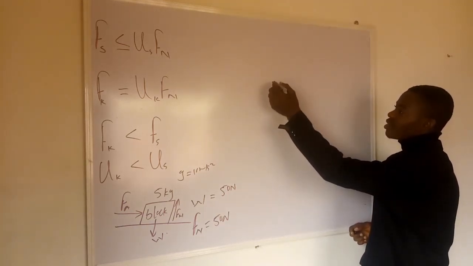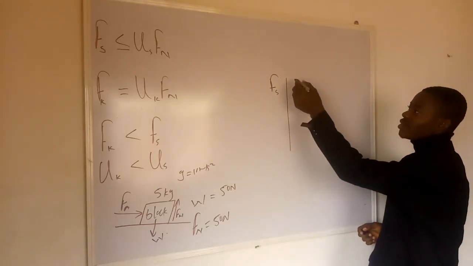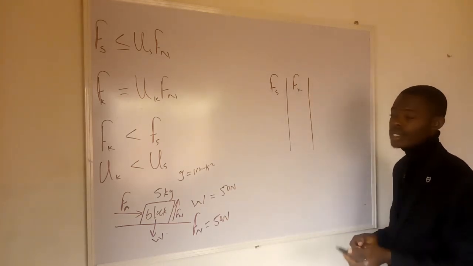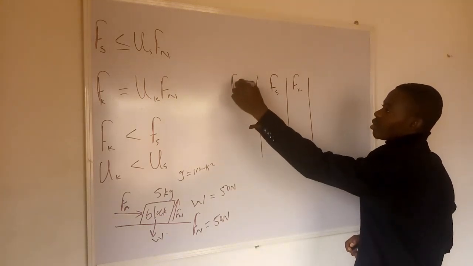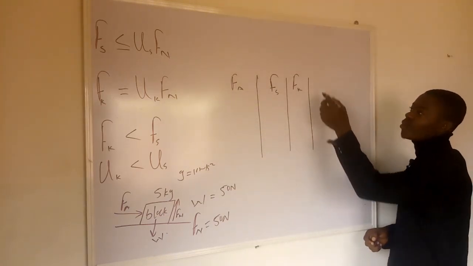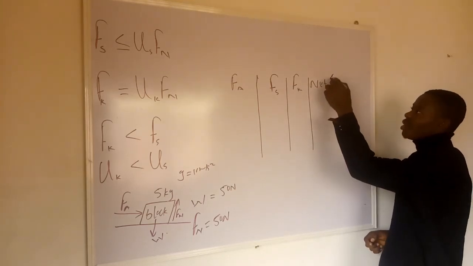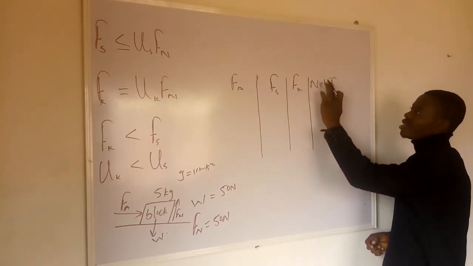Let's consider a static friction, F sub S, then a kinetic friction, F sub K, then the applied force, F sub A, and the net force, which is usually the summation of F. Oops, let's do that again.